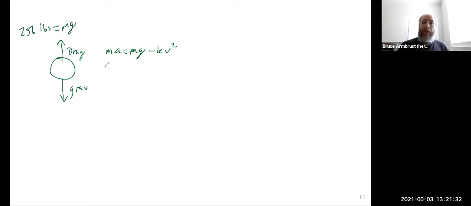Pounds are not mass, pounds are force. So that actually is going to equal 256. So if I rewrite this, I'll put all the v stuff onto the one side. We'll change the a to a v prime. That's going to equal 256.